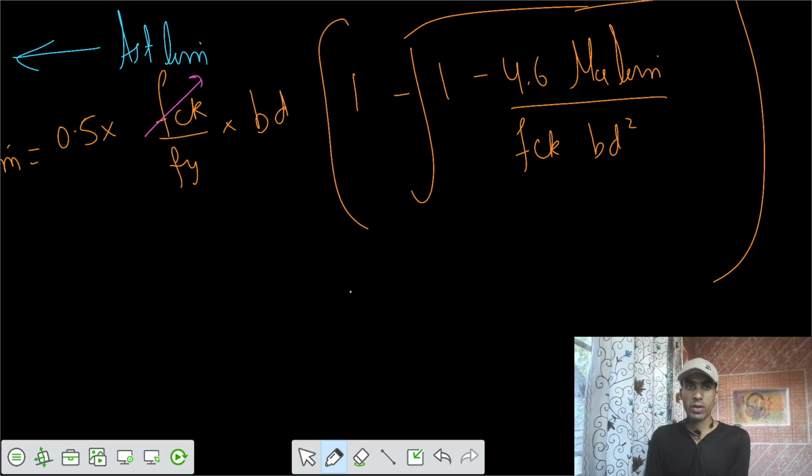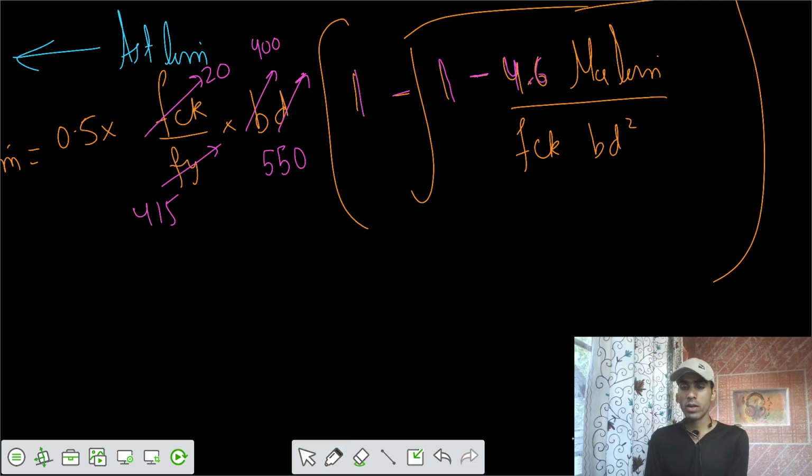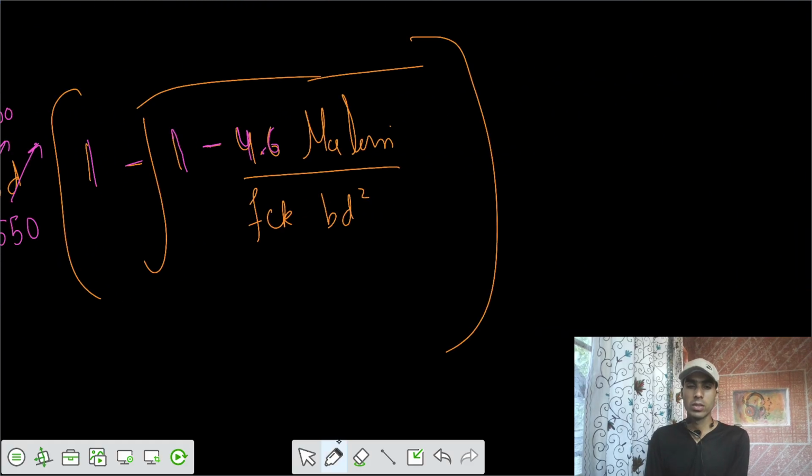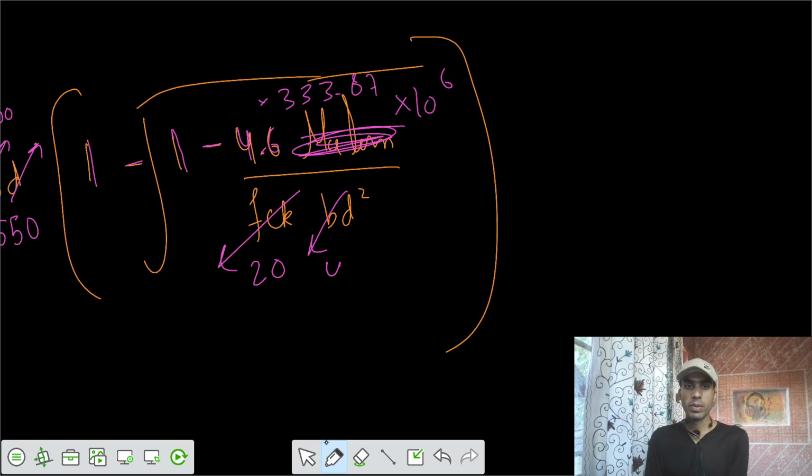FCK was given to you as 20 megapascals, Fy was 415, B was 400 millimeters, and the effective depth of the cross section was 550 millimeters. 1 is 1, minus is minus, root is root, 1 is 1, minus is minus, 4.6 is already there, and we substitute MU limiting as 333.87 times 10 to the power 6, the value of FCK was 20, B was 400, and D square is 550 square.